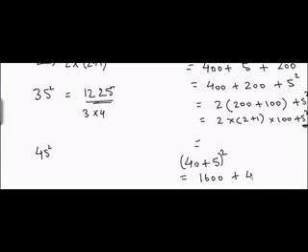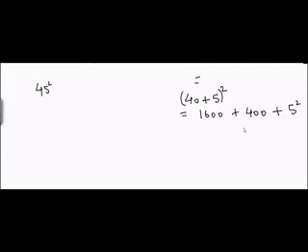And then here we can see it's 4, and then we have 400 plus 100 plus 5 square, so that will be equal to 4 into 4 plus 1 into 100 plus 5 square.